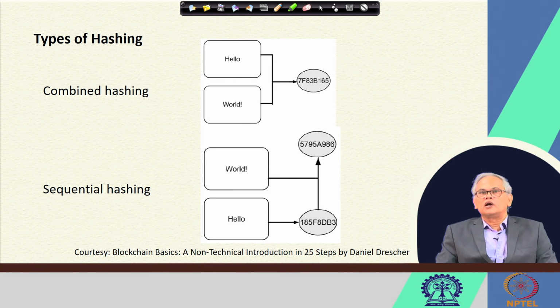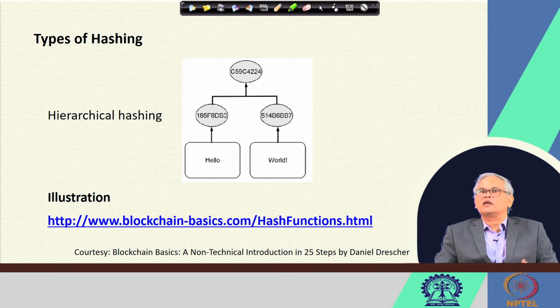So, that is what you need to try out, and of course, you can also think about whether there are other ways of combining them. Also, as you can see, it is only for 2 different components of a message that we considered these examples. Suppose there are 3; you can have a mix and match of combined hashing, sequential hashing and hierarchical hashing for carrying out these different types of hashing for those 3 or more messages when they are taken together for hashing.